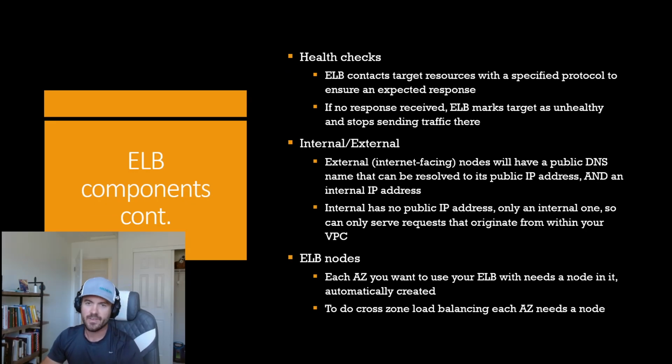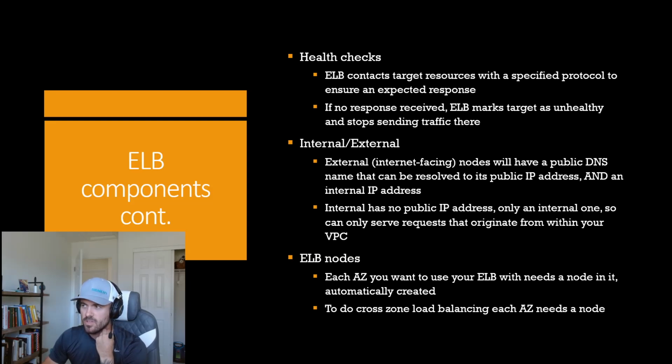But you also have some supporting ancillary components. One of the most important ones are health checks. And health checks are essentially when ELB is going to contact your target resources with the specified protocol to ensure an expected response.